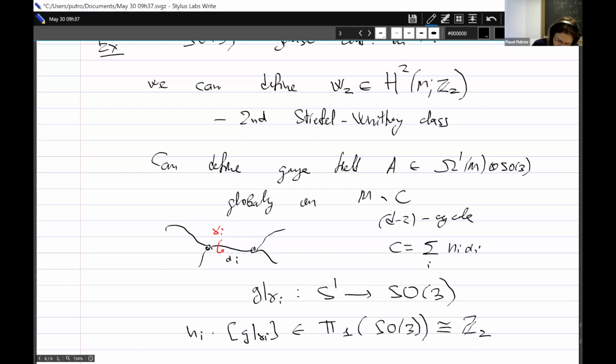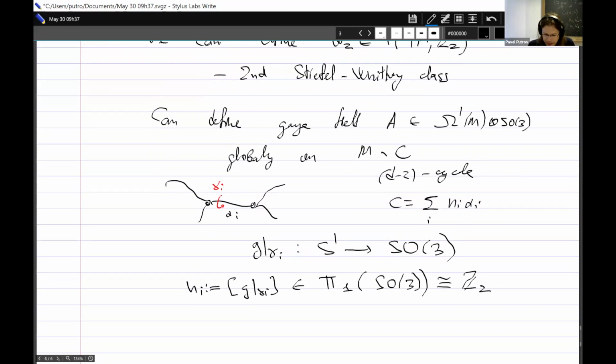And this gives us the coefficients in this singular d-2 chain. And the same as that, W2 is Poincare dual to the class of this chain.